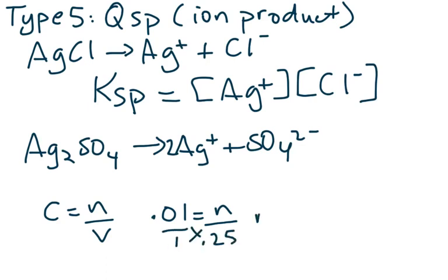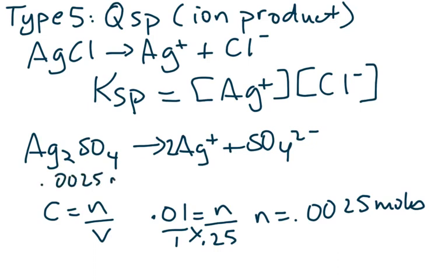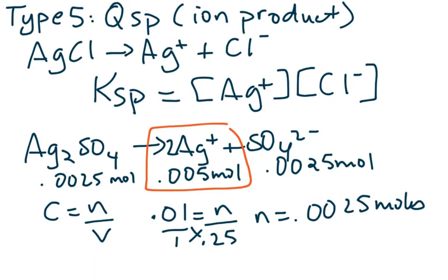I cross multiply, and my n equals 0.0025 moles. So that means this is 0.0025 moles. This is going to be doubled, so it'll be 0.005 moles. And this will be 0.0025 moles. Now we will end up using this value to help us find the concentration of Ag+.